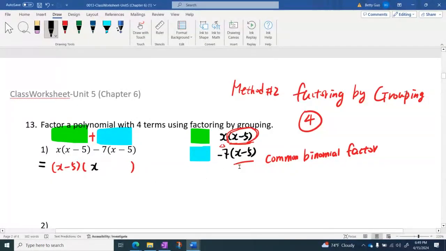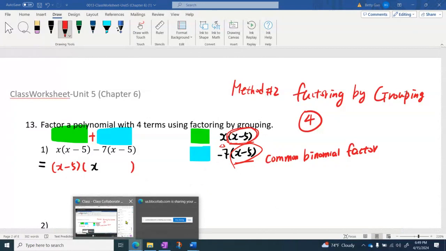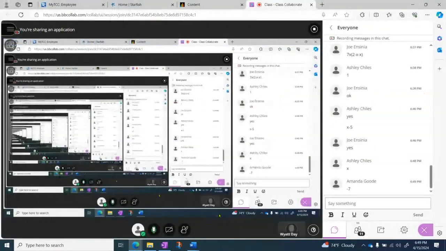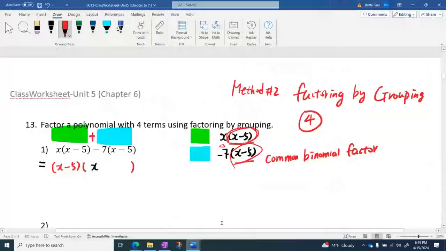And then look at the blue part. We factor x minus 5 out. We kick it out. And what's the leftover factor from the blue? -7. Perfect, -7, exactly, not +7. And done. We finished.